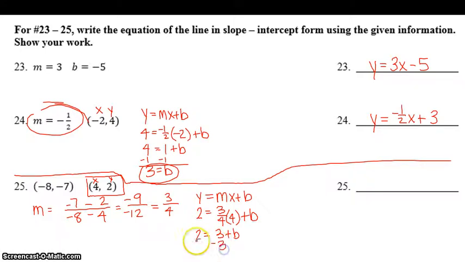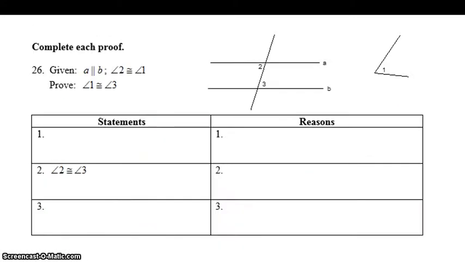So now subtract 3, sorry. So b is -1. So use your b and the m that we came up with. So y equals 3/4 x minus 1. Okay, so you have to be able to write equations of lines given different pieces of information.